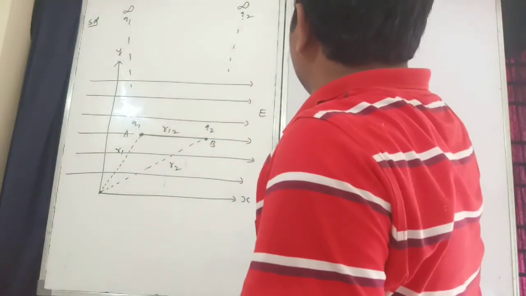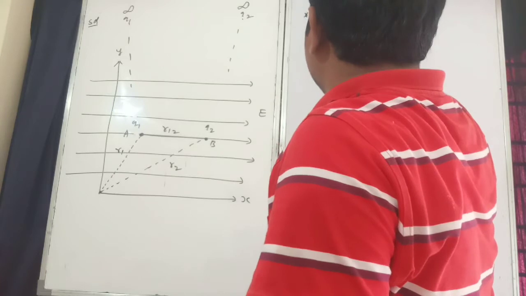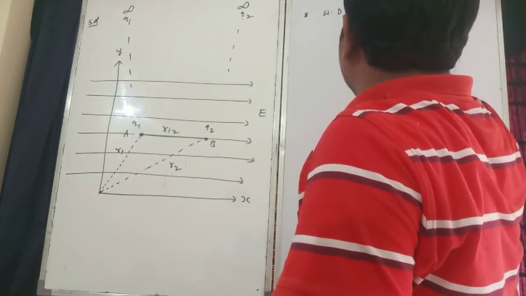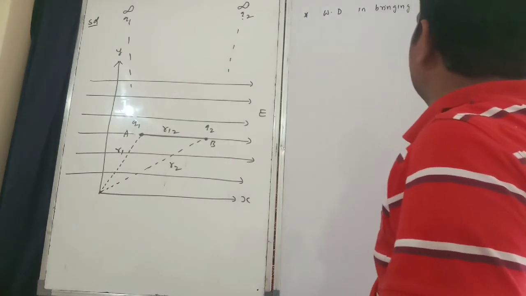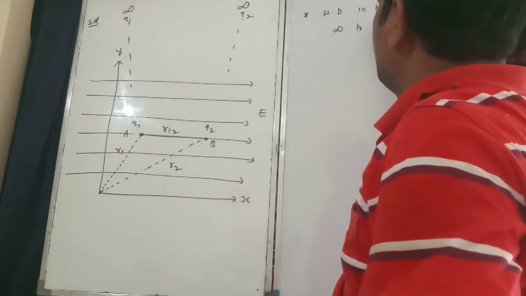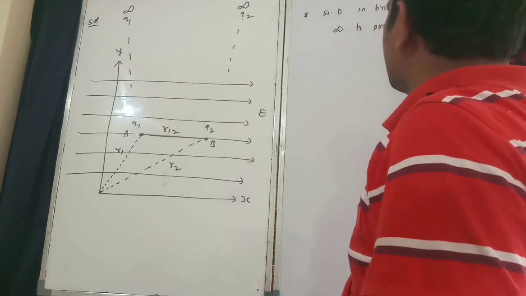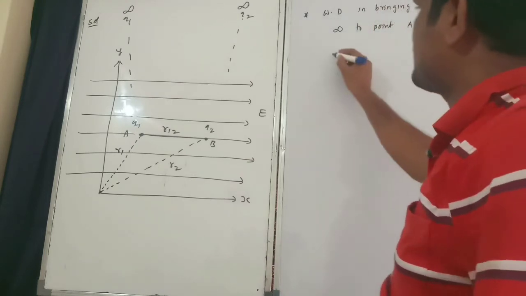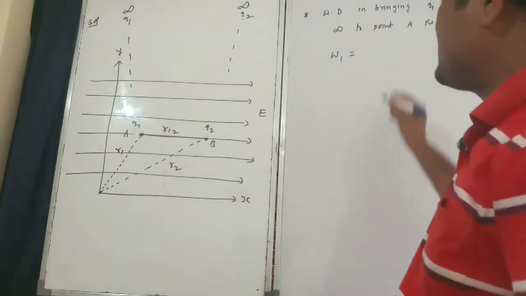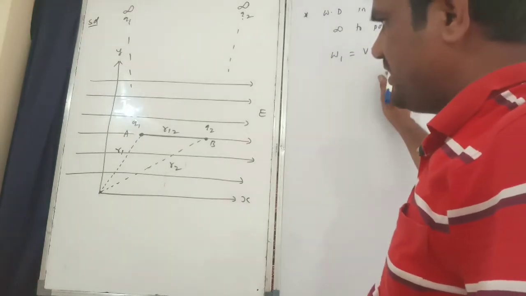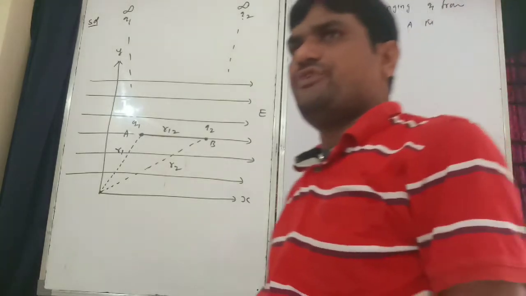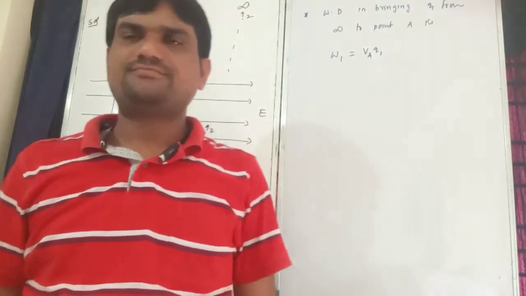So first point, work done in bringing Q1 from infinity to point A is W1, which is equal to VA into Q1. That's it, right?